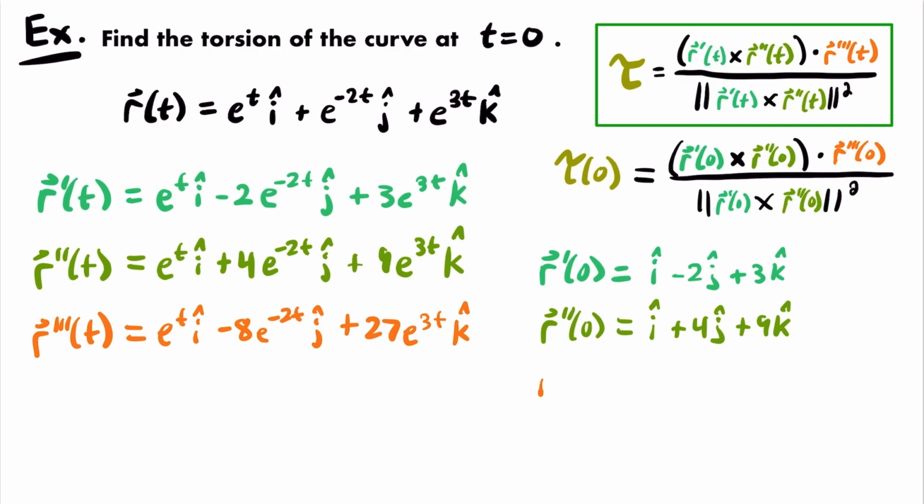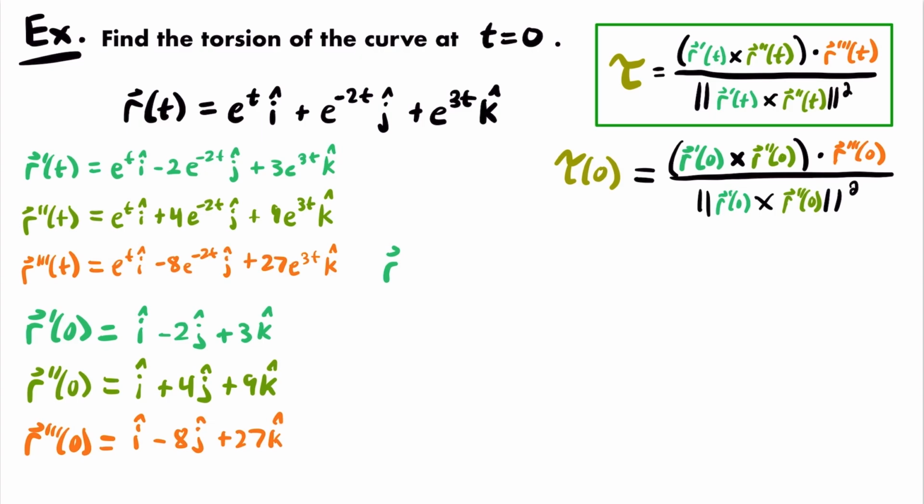And then for the third derivative, r triple prime of 0 is equal to plugging 0 in for t, and all of those exponential parts just become 1, so you get i minus 8j plus 27k. All right, so now we have much easier vectors to work with for calculating torsion at t equals 0. They're all constant terms, which is going to be very nice when we go to do our cross product and dot product. Speaking of which, let's do those two calculations now, starting with the cross product.